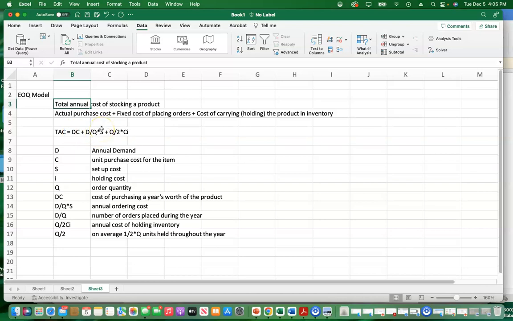D divided by Q times S is the annual ordering cost, where D divided by Q is actually the number of orders placed during the year. And Q divided by 2 is the units held throughout the year on average. And so Q divided by 2 times CI is the annual cost of holding inventory.